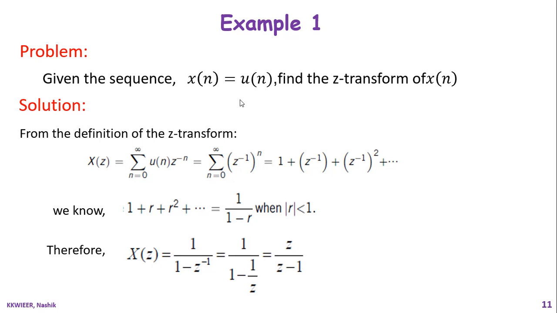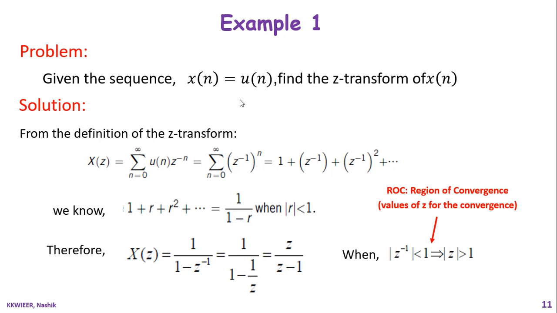So similarly, you can write the equation for x of z, that will be z upon z minus 1. So the region of convergence will be the values of z for which it converges. So z raised to minus 1 will be less than 1. So mod of z will be greater than 1.